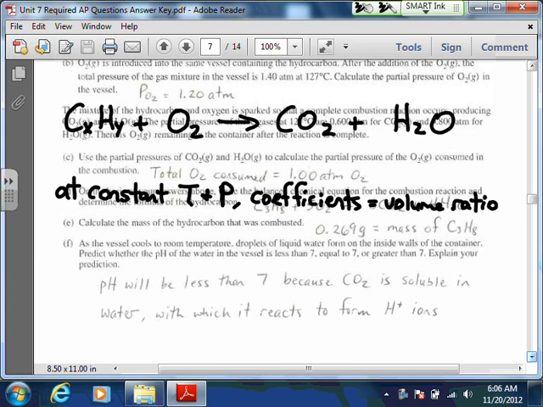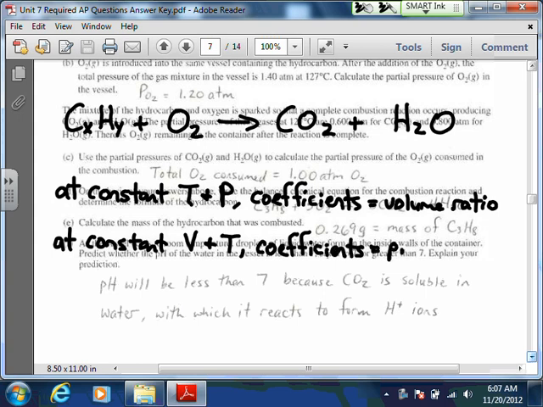Okay. But now we can also say, and this makes sense if you think about PV equals nRT, if we have a constant volume and temperature, which is the situation here, okay, then the coefficients actually tell us a pressure ratio.